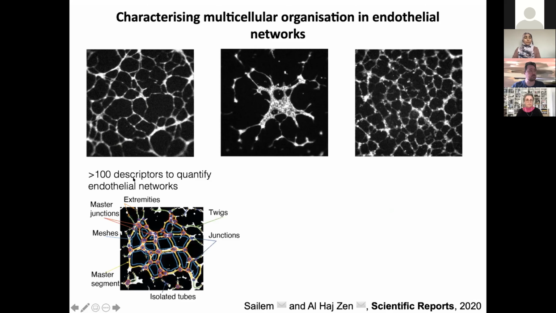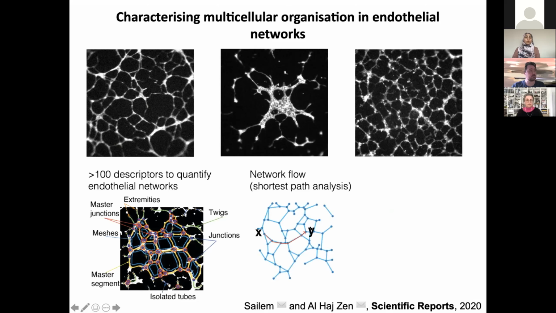So what I developed is an image analysis algorithm that measures more than 100 features from these networks by segmenting the different elements in the network, like tubes, nodes, and meshes. From these elements, we can calculate different statistics like the mean, the total, and the standard deviation.